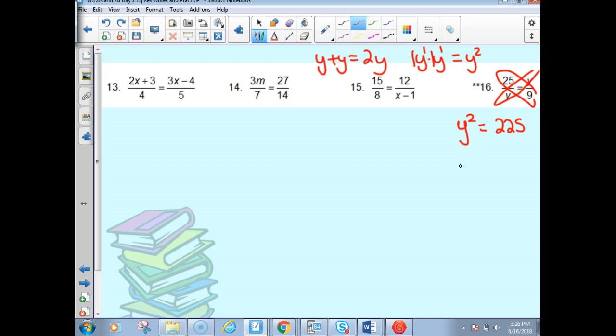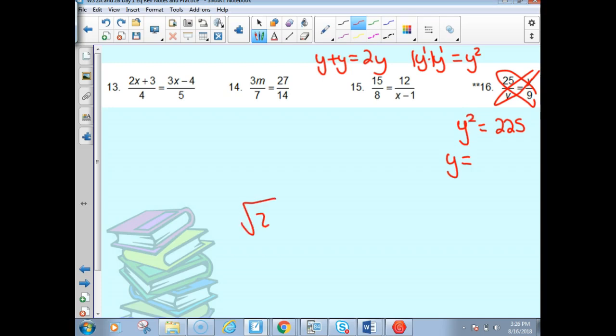Very important topic. You take the square root of both sides, but caution, how many numbers can you square that will give you a positive? Isn't there more than one thing you can plug in here? Negative or positive.